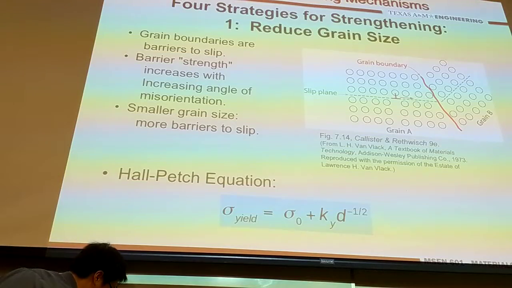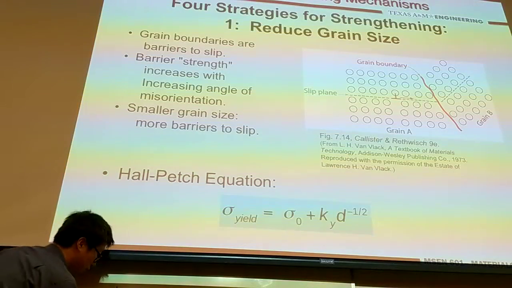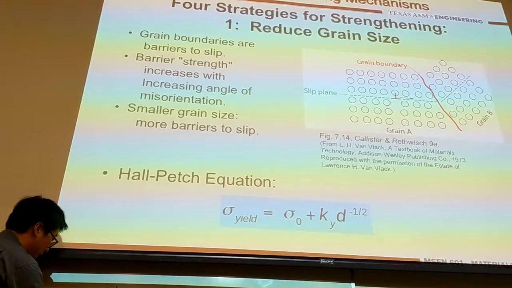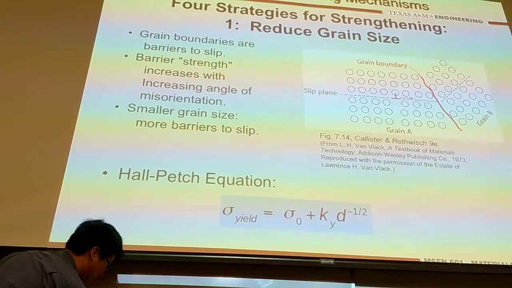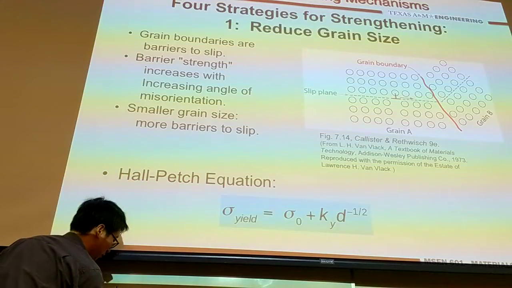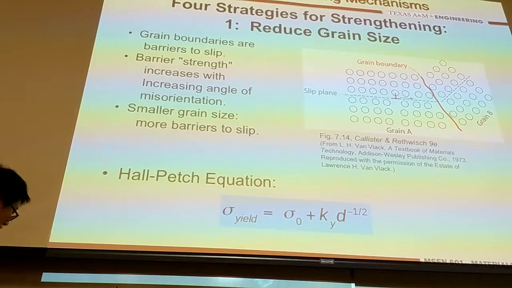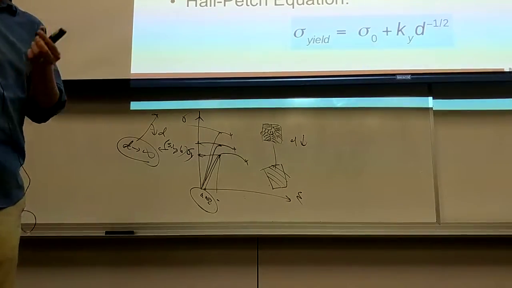So therefore, what you are going to expect is that the curve goes up. So the yield strength will be enhanced. If I reduce the diameter further and further, you're going to see it enhance more and more. This is when you reduce the diameter from an infinite single crystal to smaller and smaller grains.